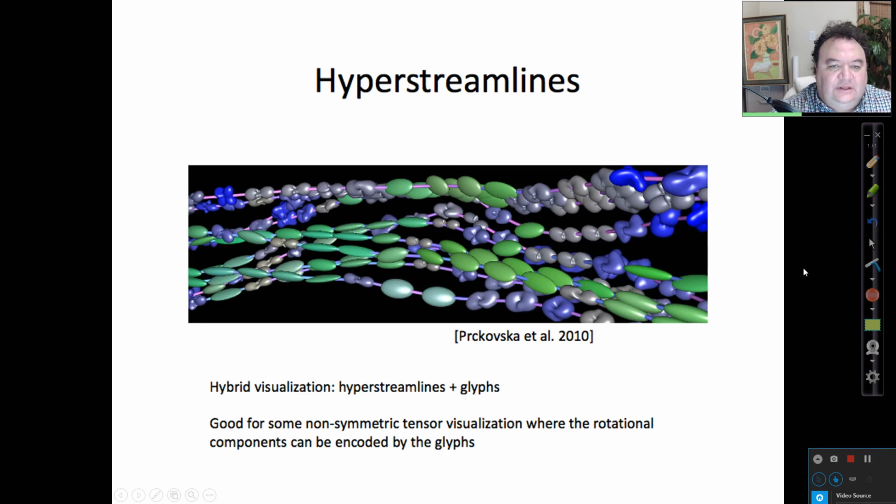An addition of the work in hyper streamline representation is that the transversal direction of the flow can also be represented by different glyphs.